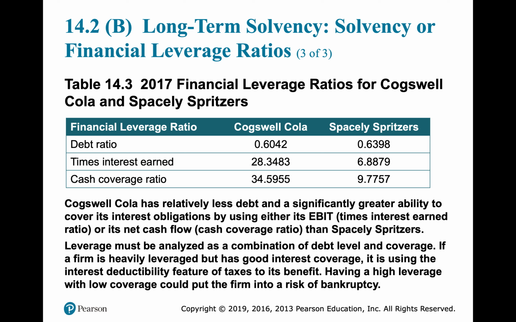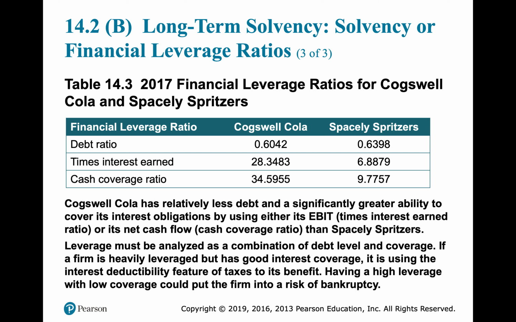It means that when we look at the earnings before interest and taxes, they are able to satisfy their interest expenses for the year 28 times over. So they could literally pay their interest expense for that given year 28 times with the operating profit that they were able to generate, whereas Spacely is only able to satisfy theirs 6.8879 times to 1.